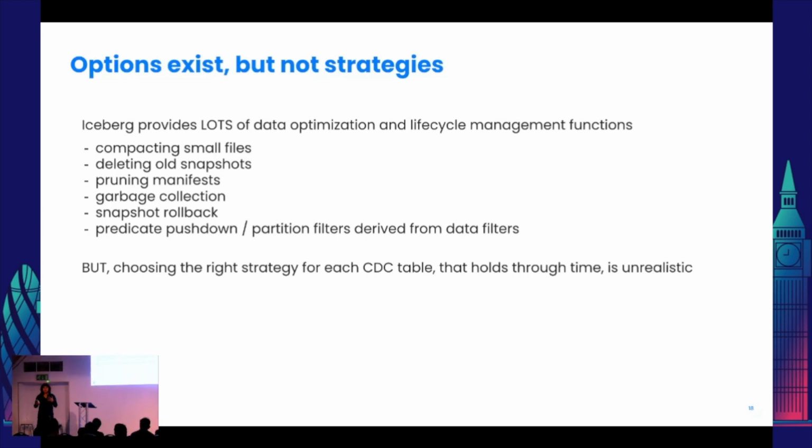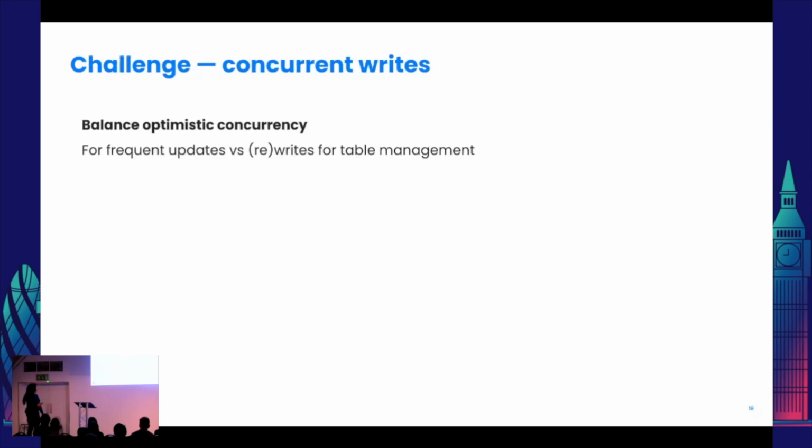In Spark, you can run Spark optimize on an Iceberg table as a one-time thing, but it's more about continuous compaction and optimization. Sorry, the talk is a little long.